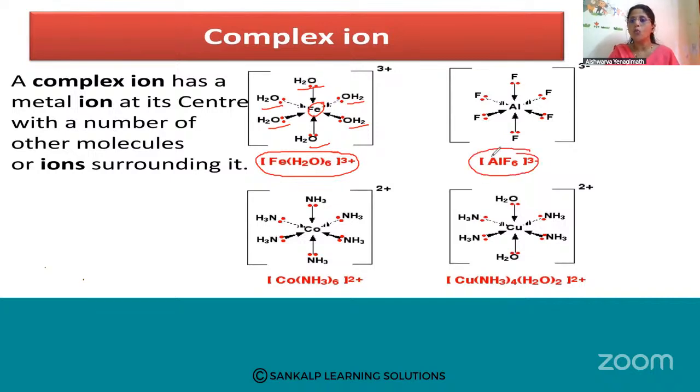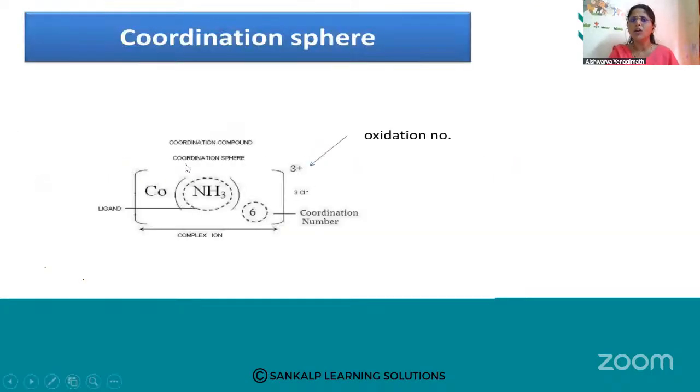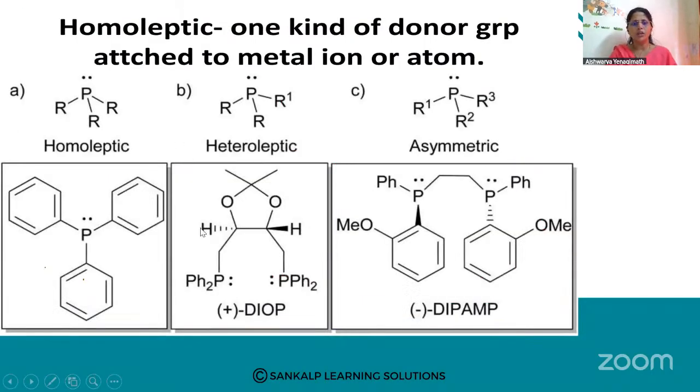This is also homoleptic. This is heteroleptic, different ligands. Getting it? So in homoleptic, the same kind of ligands are there. In heteroleptic, different kinds of ligands. So we call them homoleptic complexes and heteroleptic complexes. Here you can see the examples. Asymmetric: all three are different. That is asymmetric.